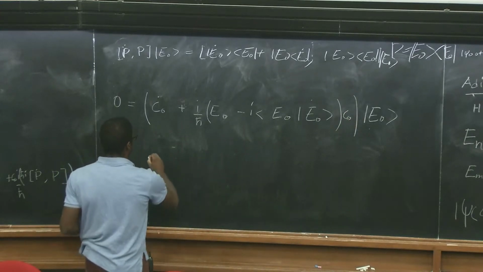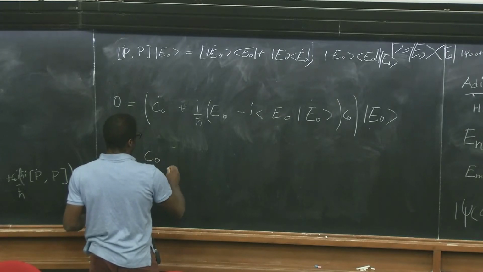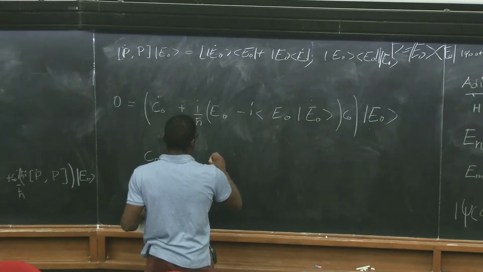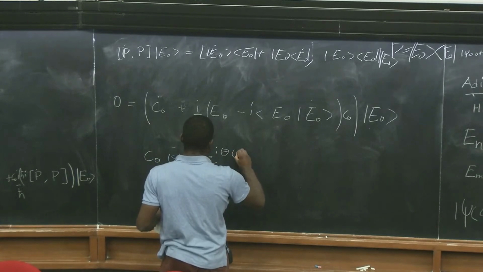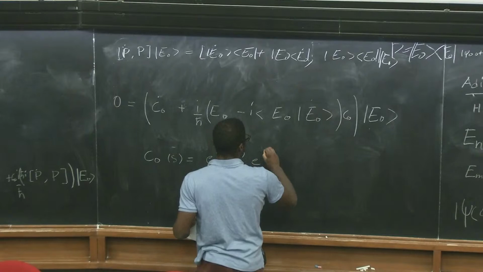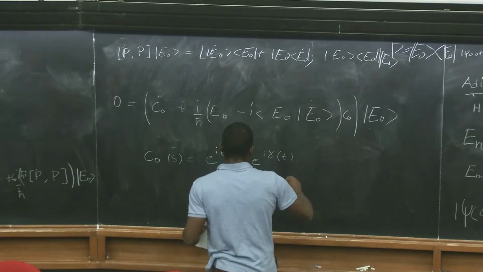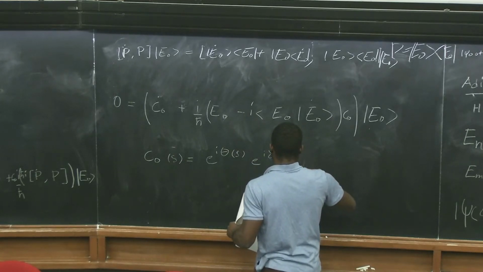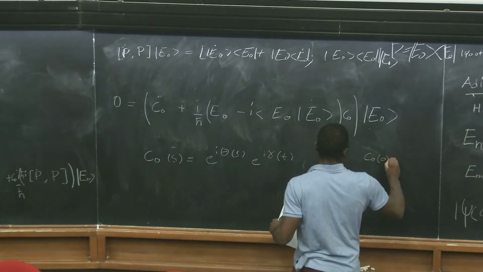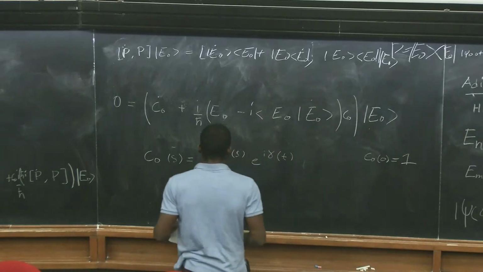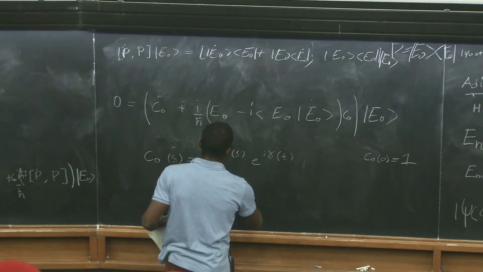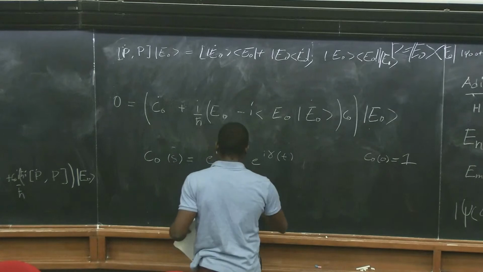This equation has a solution, which is that C of T, or of S in this case, is going to be an exponential of a dynamical phase and a geometric phase, times the C at 1, and because of the initial condition, C0 at 1 is simply going to be the value of C. And here the phases are given by the integrals of these objects that appear here.